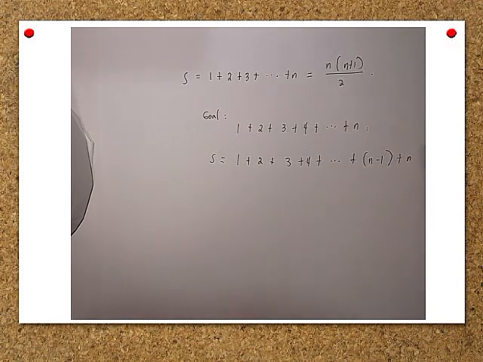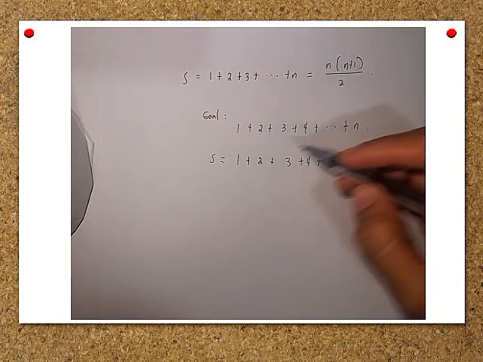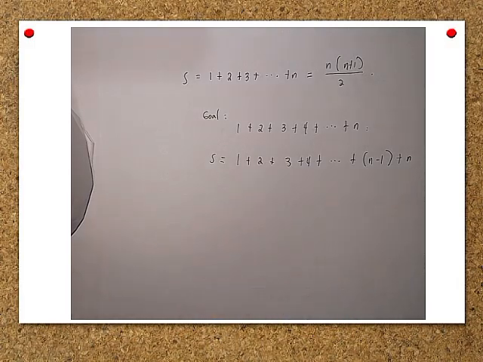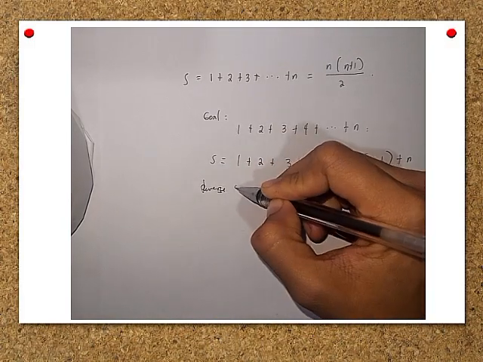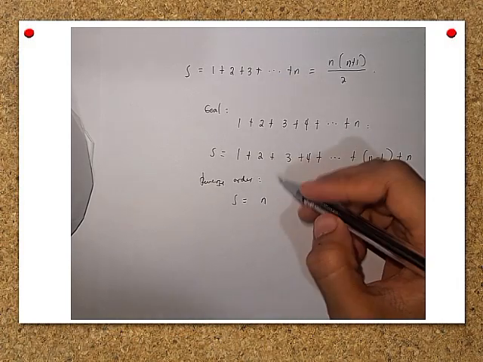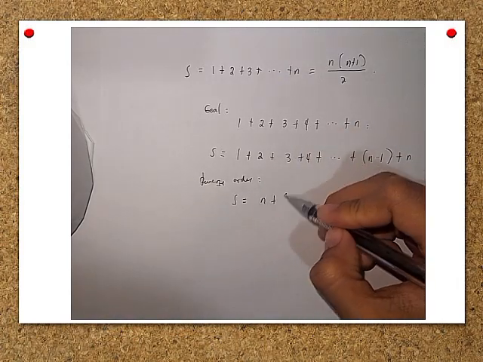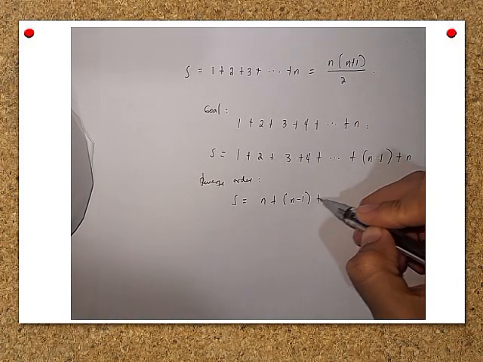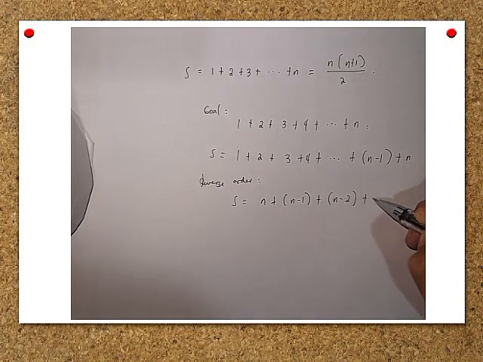This is the sum we want to compute. Now let's write the same sum in reverse order: n plus n minus 1 plus n minus 2 plus ellipsis plus 2 plus 1.